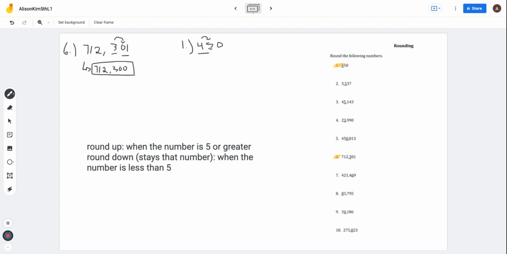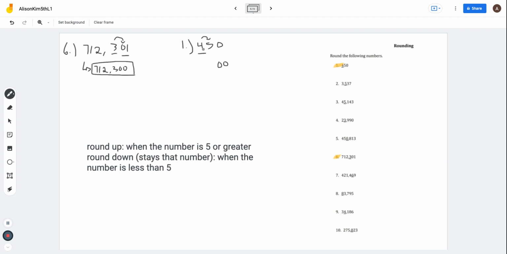So what that means is these two numbers are going to transform into zeros, the same as when you round down. But the number that's underlined in the first place, 4, is going to go up by 1.